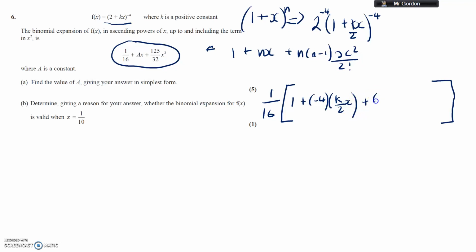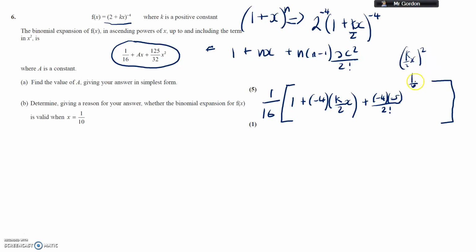Plus minus 4 times minus 5, that's our n times n minus 1, over 2 factorial, so I'll put that out the front there, times by, and we're going to get this part here, which is going to be k over 2x squared.